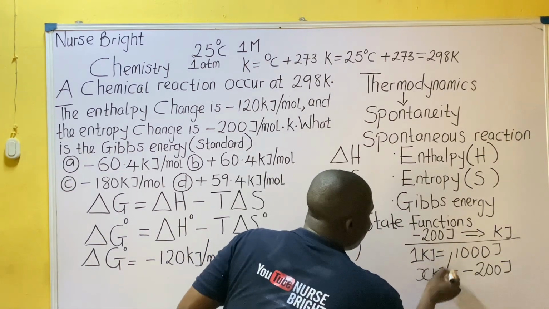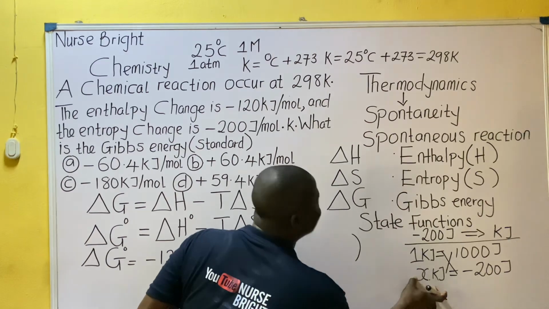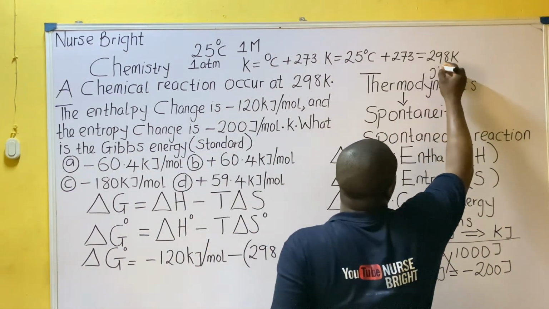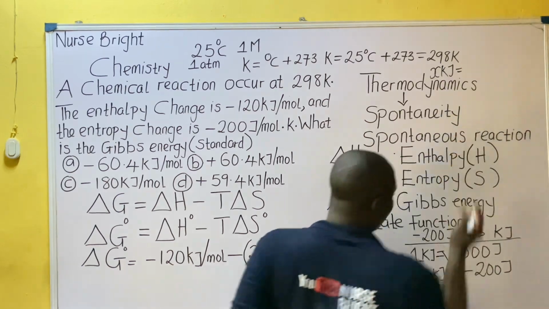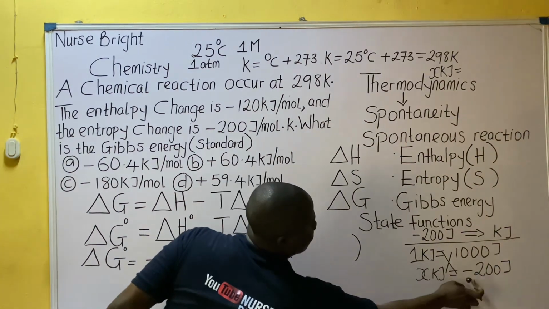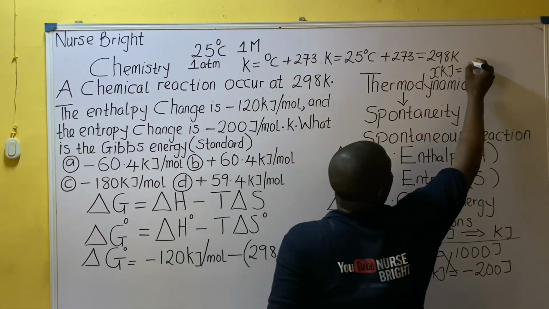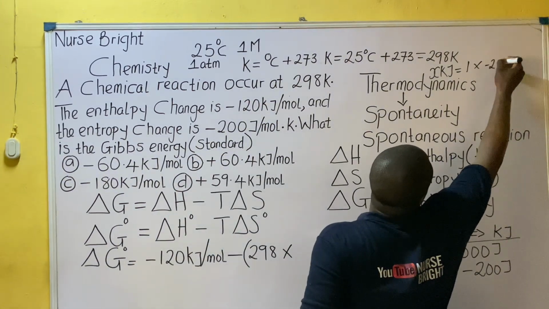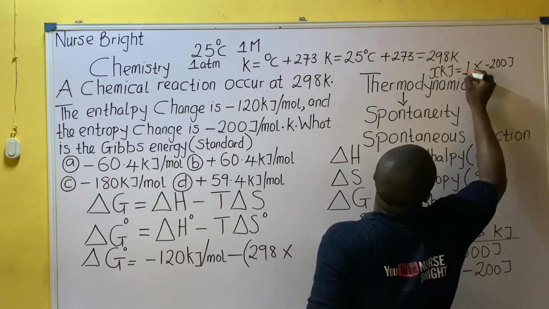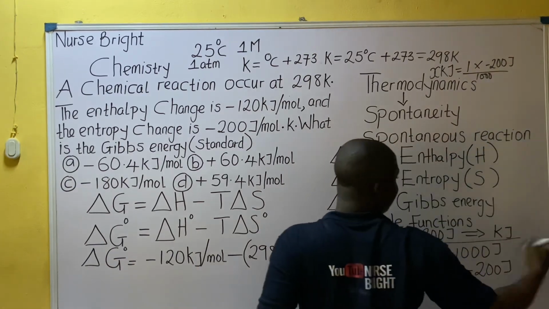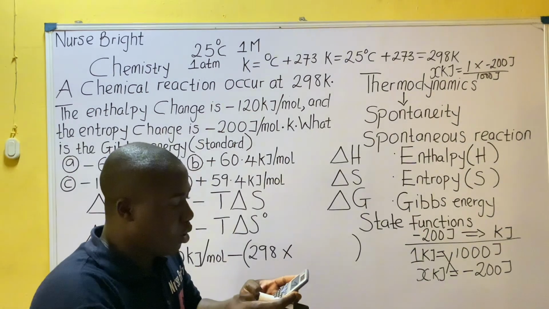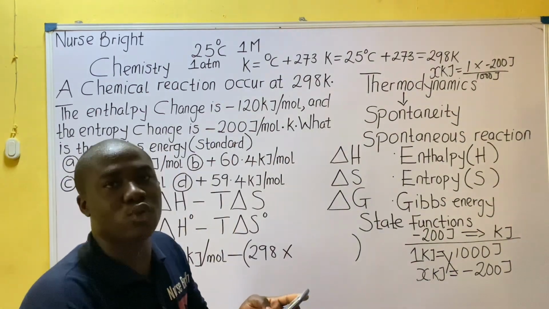So then we cross multiply. So X kilojoule will now be 1 times this divided by 1000. So 1 kilojoule times minus 200 joules is equal to 1000 joules. You understand what's happening now? So then let's divide. 1 times minus 200 is minus 200.